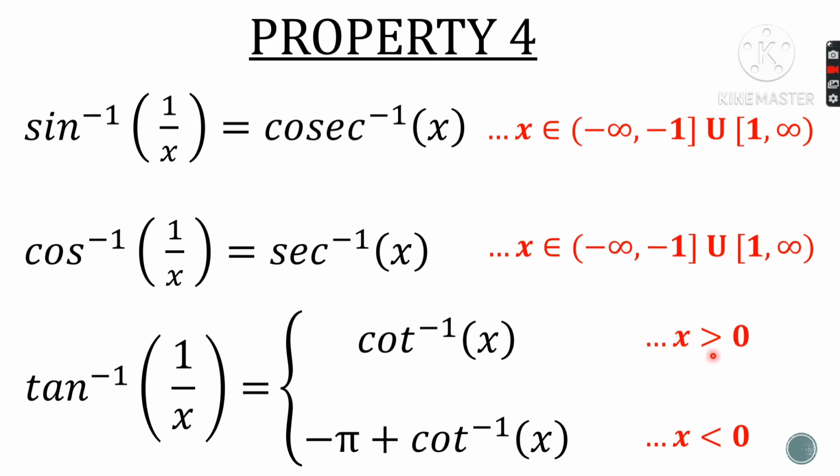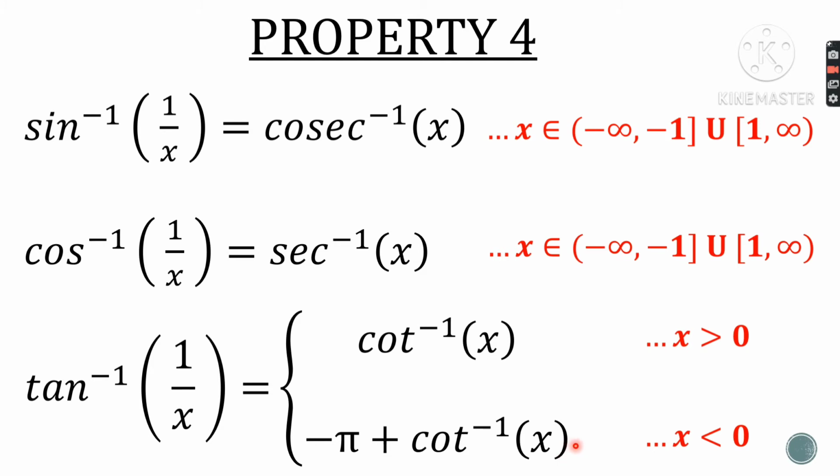When x is positive, tan inverse of 1 by x is equal to cot inverse of x. X is positive, then your answer lies in the first quadrant. So the range is the same. But when x is negative, for tan inverse the range is the fourth quadrant, and for cot inverse the range is the second quadrant. So in order to have the same values, we consider minus pi plus cot inverse of x.